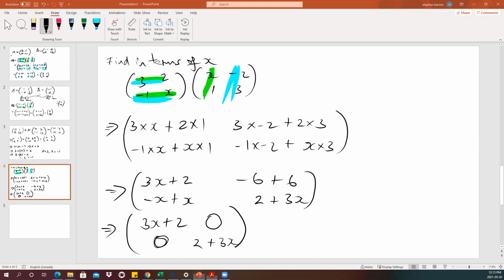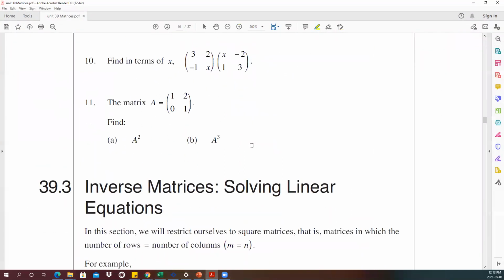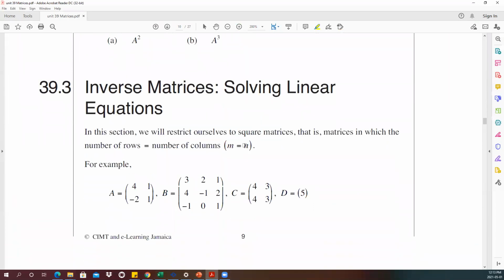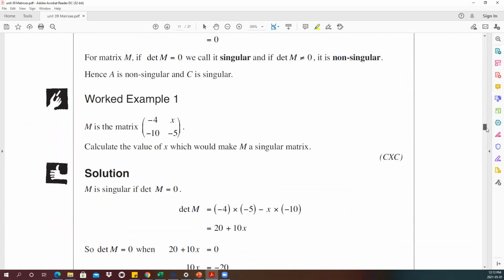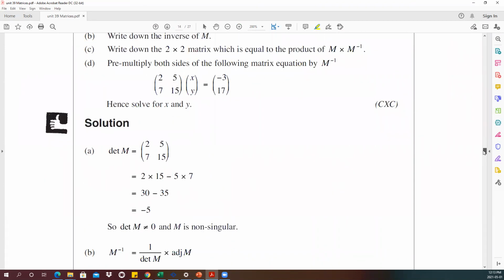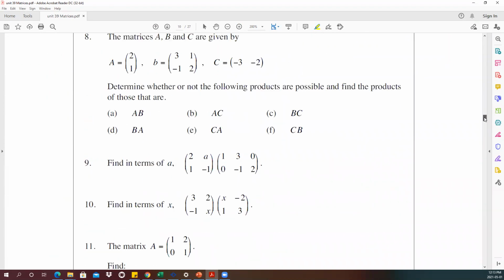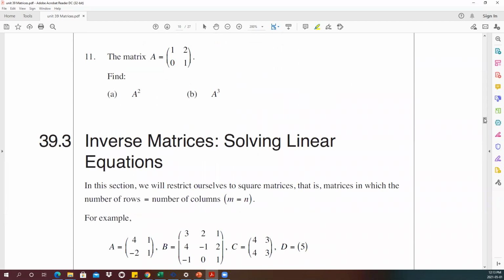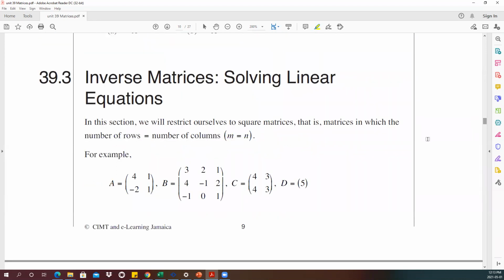Let's bring this back. So this is where we want to get to. This is the bulk of the matter. We have ways to go. What time is it now?